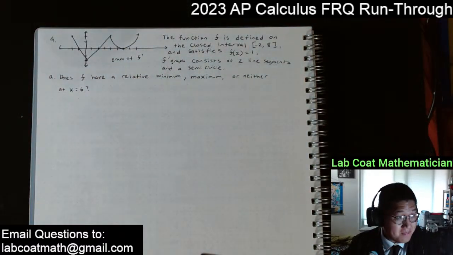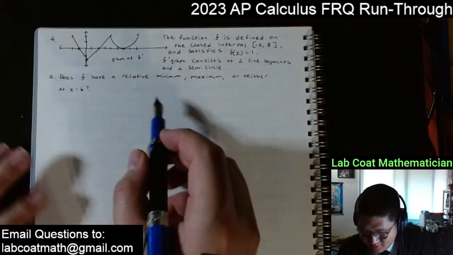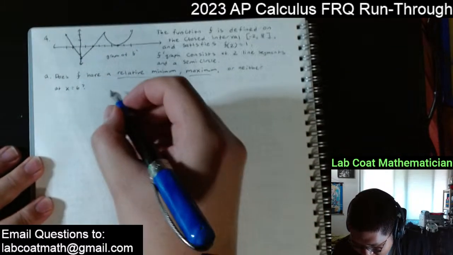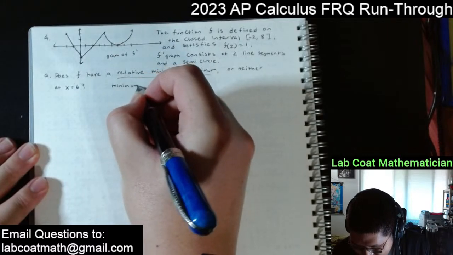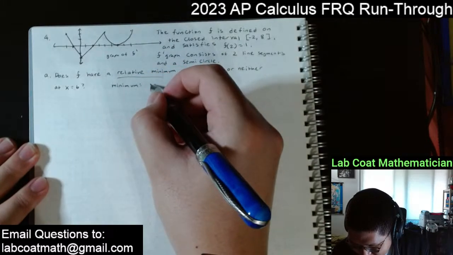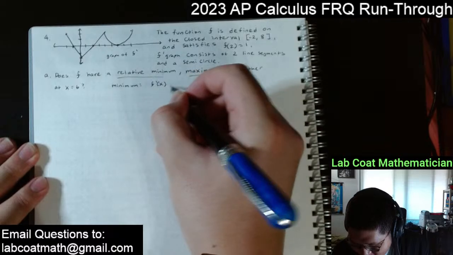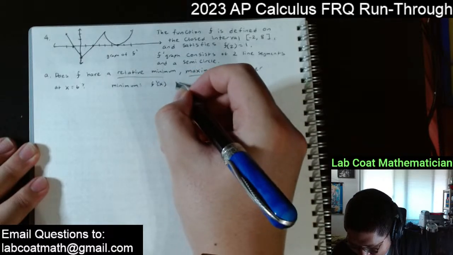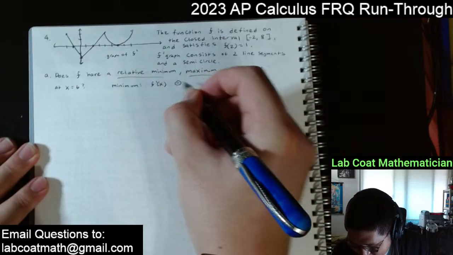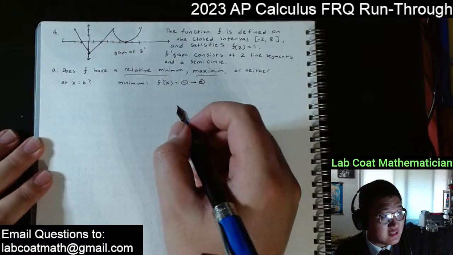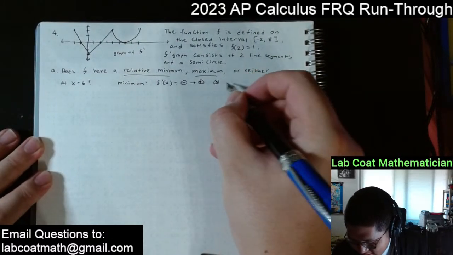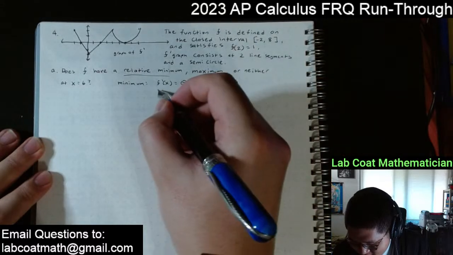So if we want to know if we're doing a relative min or maximum, a minimum means that for the first derivative of f, we need to go from a negative into a positive crossing that value, at x is equal to positive 6.